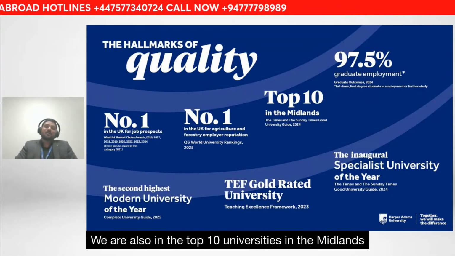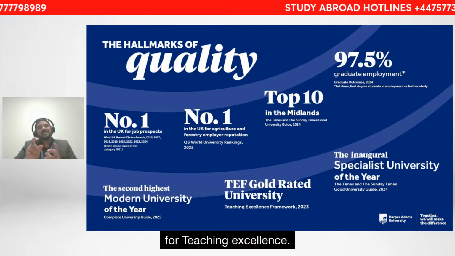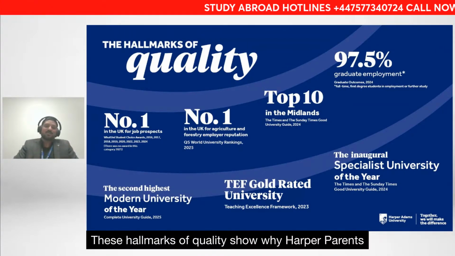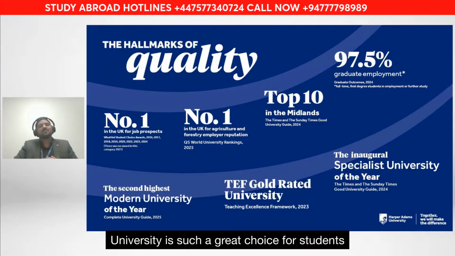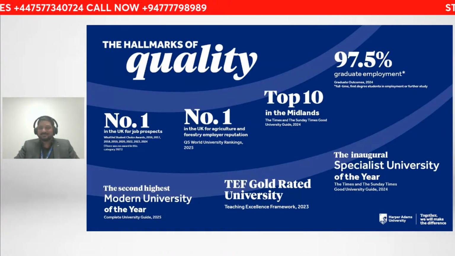We are also in the top 10 universities in the Midlands and have been awarded TEF Gold rating for teaching excellence. These hallmarks of quality show why Harper Adams University is such a great choice for students and why we are so proud to represent it.